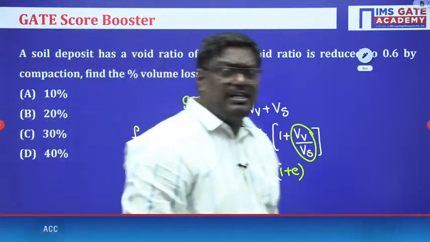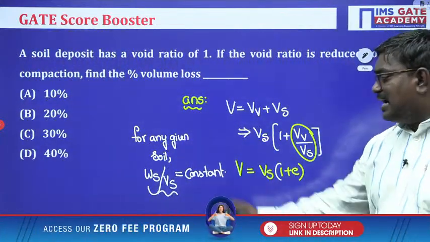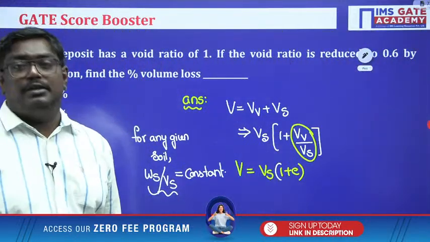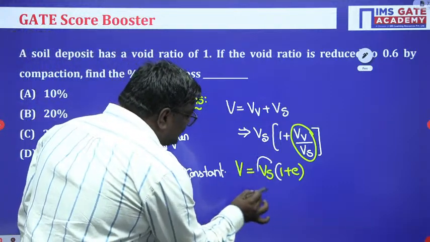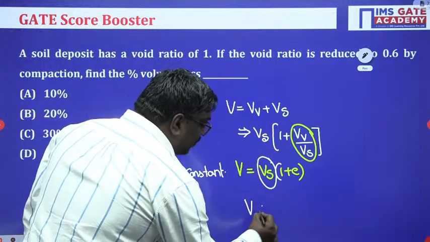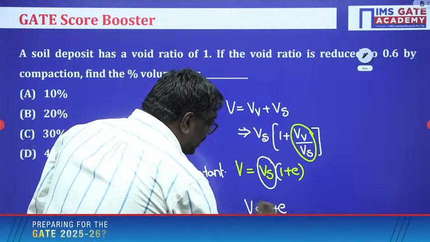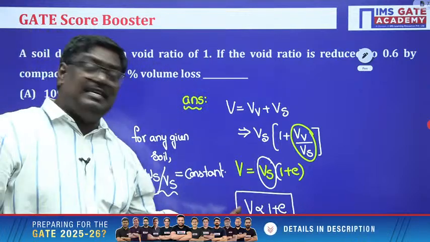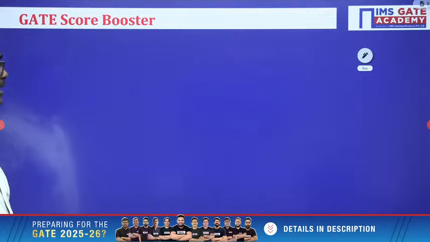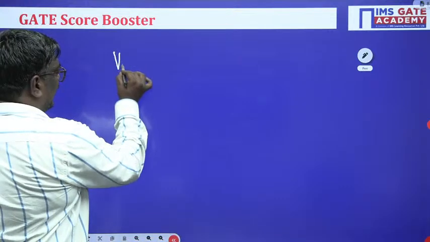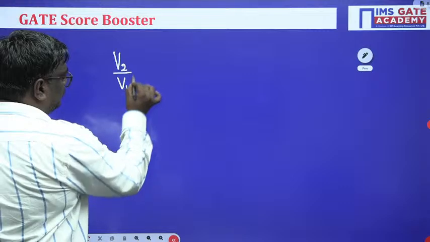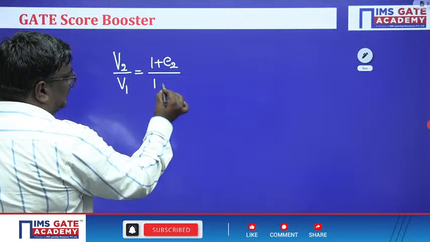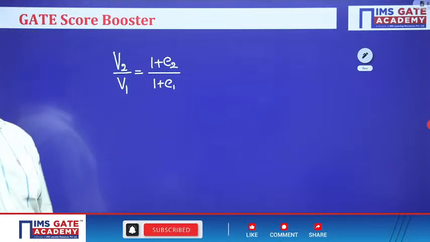So as the volume of solids is constant here, volume is proportional to 1 plus e. Using this relation, we can develop an equation: V2 by V1 is equal to 1 plus e2 upon 1 plus e1.